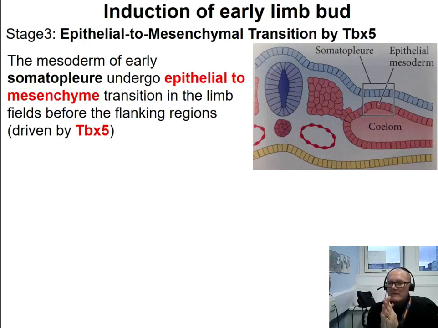So even if they divide a lot, stimulated by FGF10, they don't go anywhere because they bind to each other a lot. So what needs to happen if you want to have outgrowth is that these cells need to be relaxed. So at this point, stimulated by TBX5 or 4, the cells transition from being epithelial to mesenchymal.